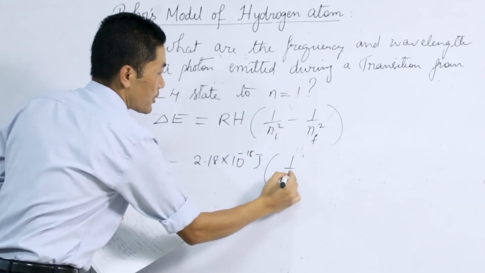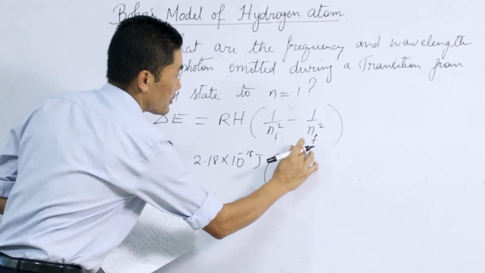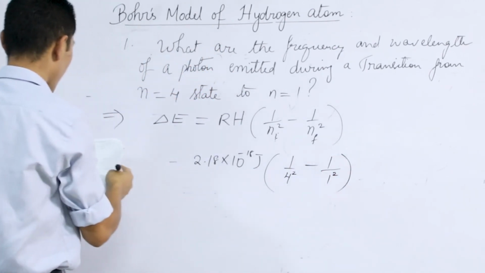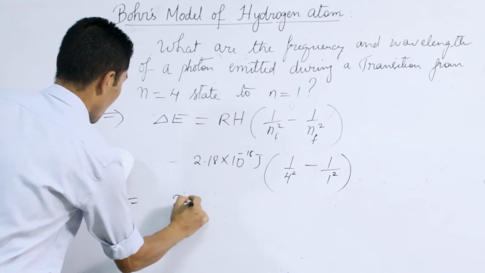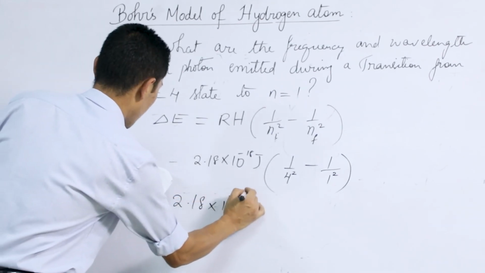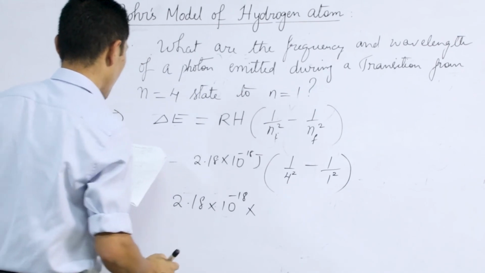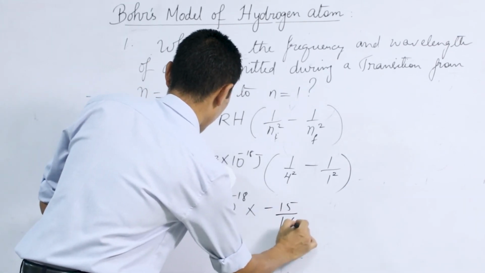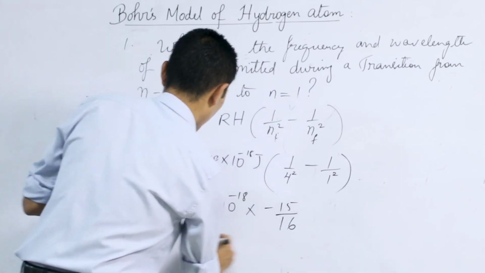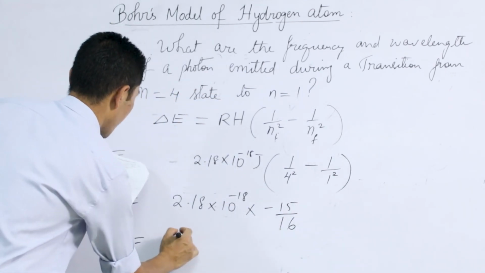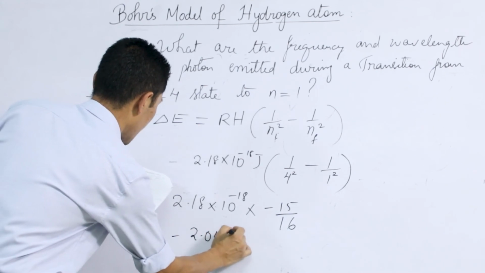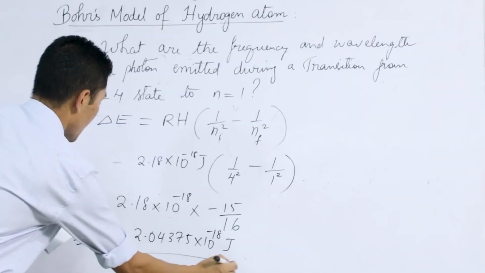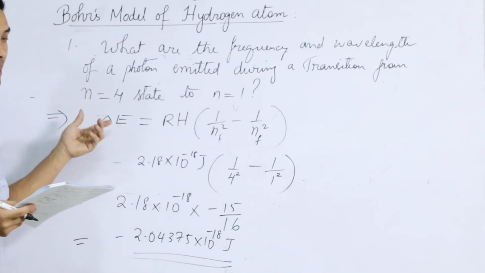So this will be 4 square minus 1 square. So this gives us 2.18 into 10 to the power minus 18 into minus 15 by 16. On simplifying, we will get minus 2.04375 into 10 to the power minus 18 joules. This gives us delta E.